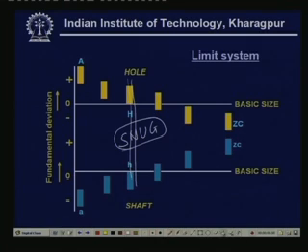Similarly, if we go higher and higher along this line, you can see the fits are becoming tight. That means, in this limit system, the fit you will be getting in the pair of machine elements will be of the nature of a tight fit, what we call an interference fit. Now, of course, this is just an idea.